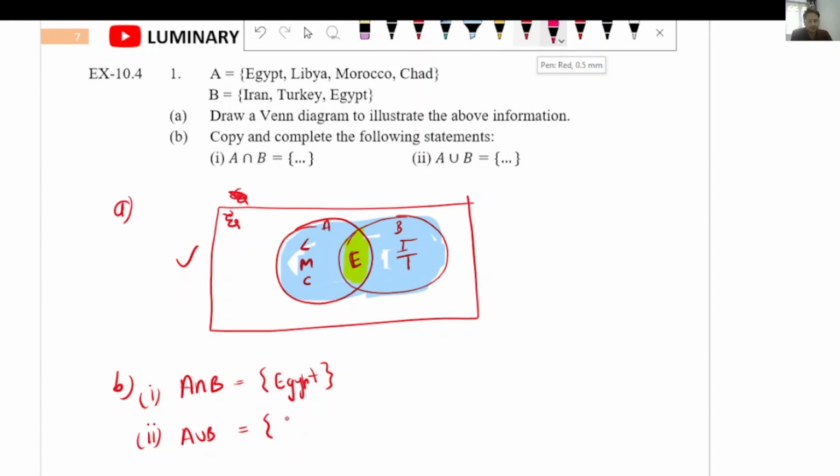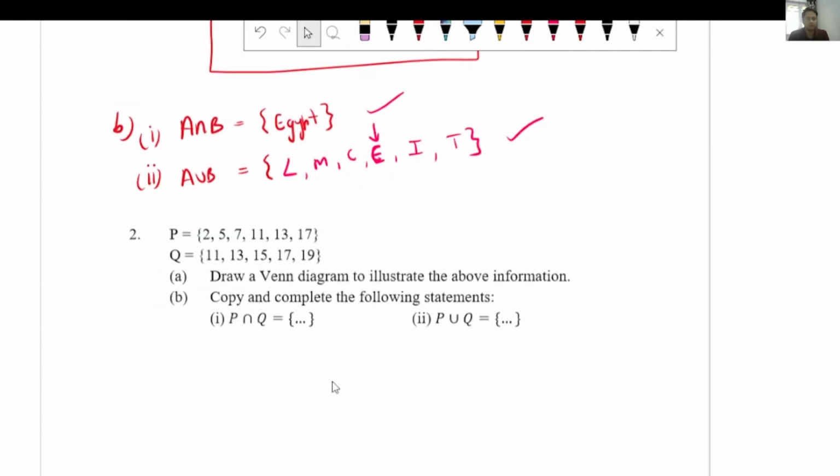So the answer is Libya, Morocco, Chad, Egypt, Iran and Turkey. I'm writing the short form, the first word actually. So this is your answer. Egypt, and the second one is all the names of the countries, but do not repeat Egypt two times, only one time. So that's why I wrote Egypt only once. In a set we should know that we cannot repeat the element, right? So the answer is done. Let's proceed to the second question.